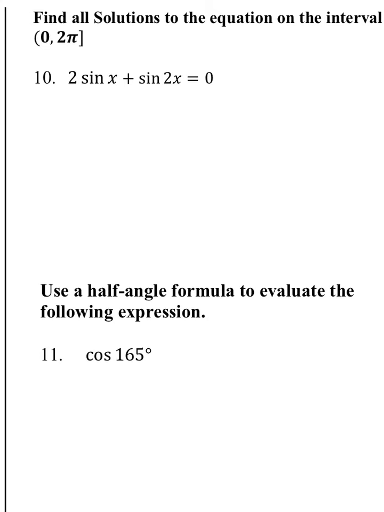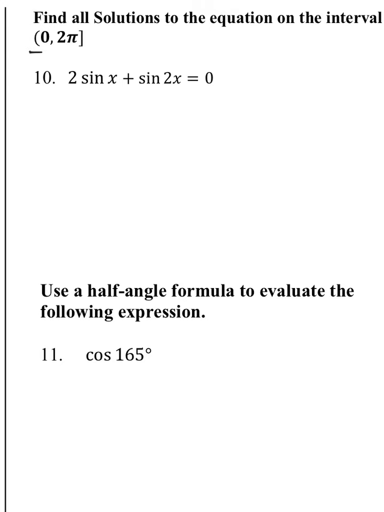All right, problem 10. We are to find all the solutions to the equation on the interval 0 to 2 pi. Now this open parenthesis means we're not going to include 0 in our solution set, but we can include anything between there and 2 pi as our solutions.